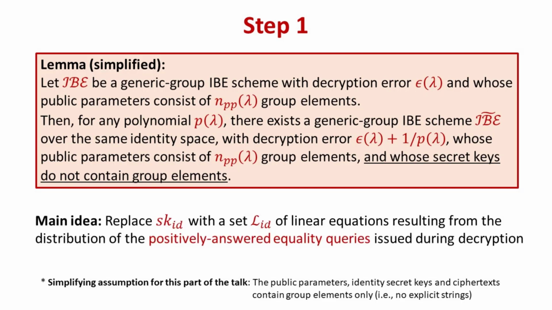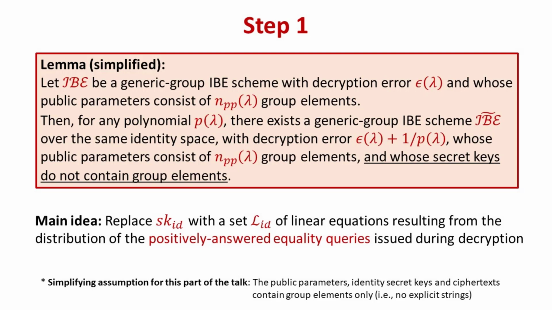The main idea of the construction, as we will see in the following slides, is to replace each secret key with a set of linear equations. These equations result from the positively answered equality queries that are likely to be issued during decryption, and their linear subspace will be used by our modified decryption algorithm.